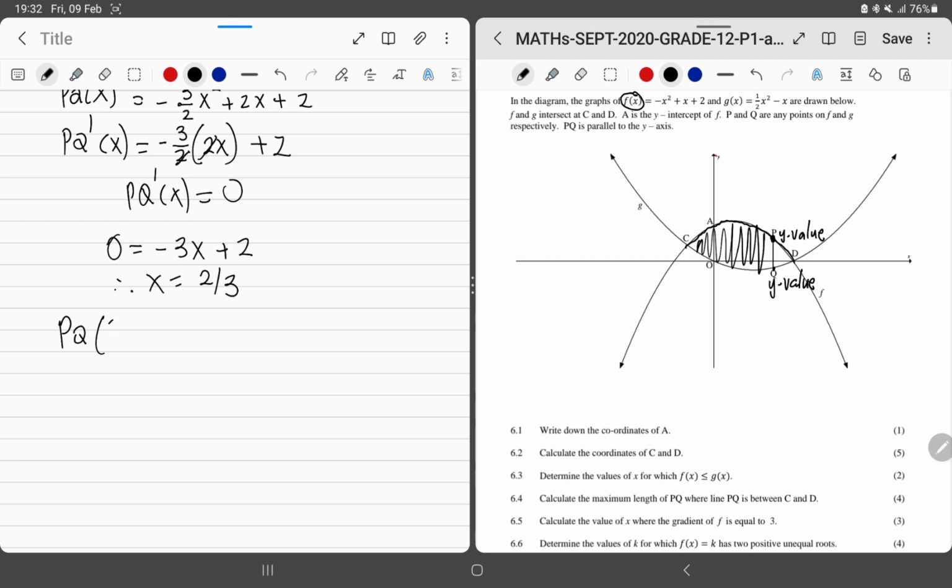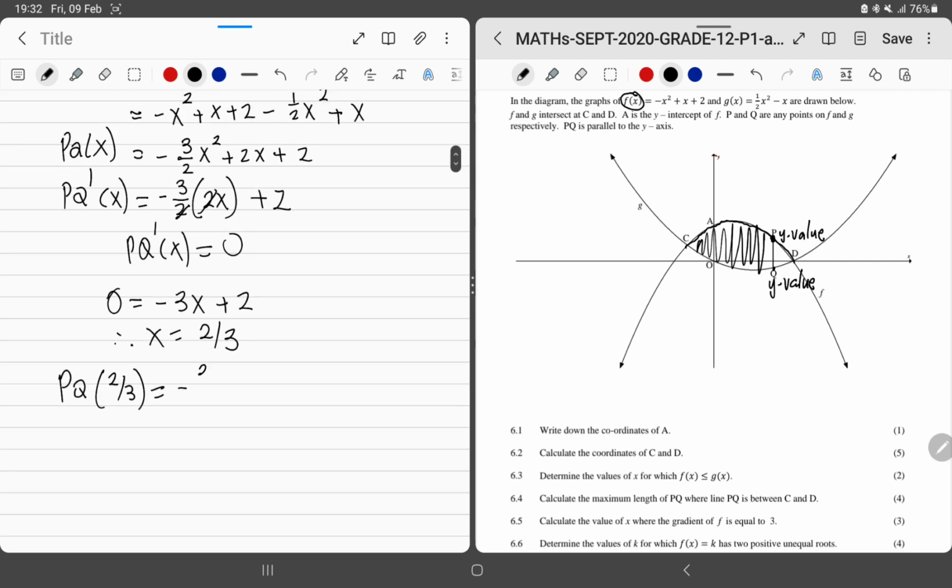So P(2/3) is equal to minus 3 over 2 times (2 over 3) squared plus 2 times 2 over 3 plus 2.